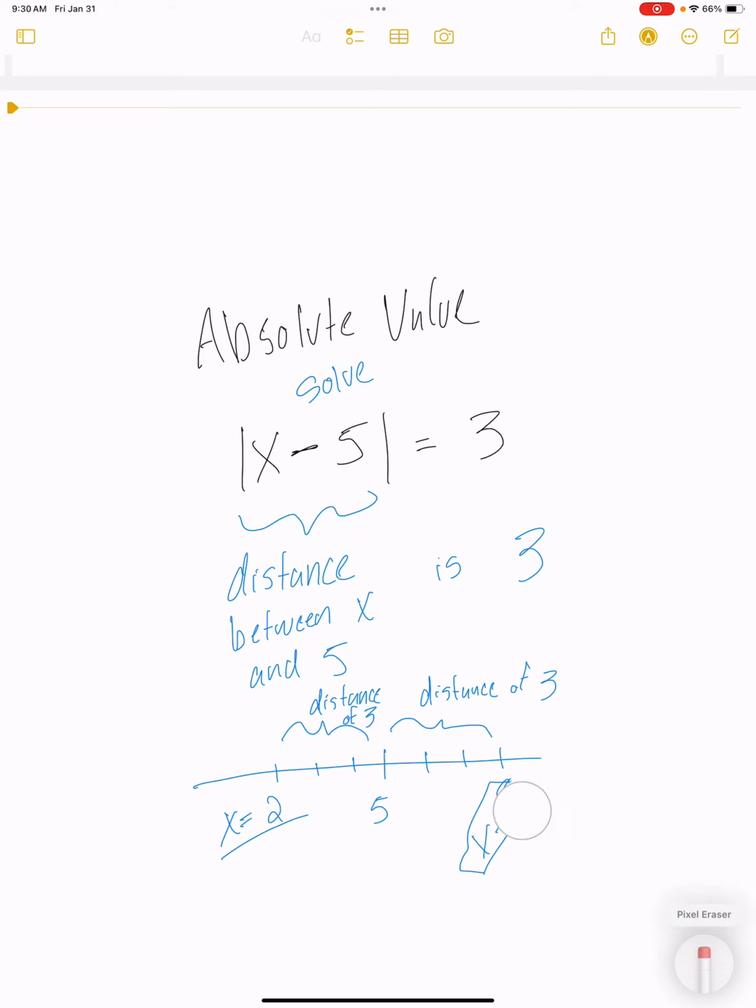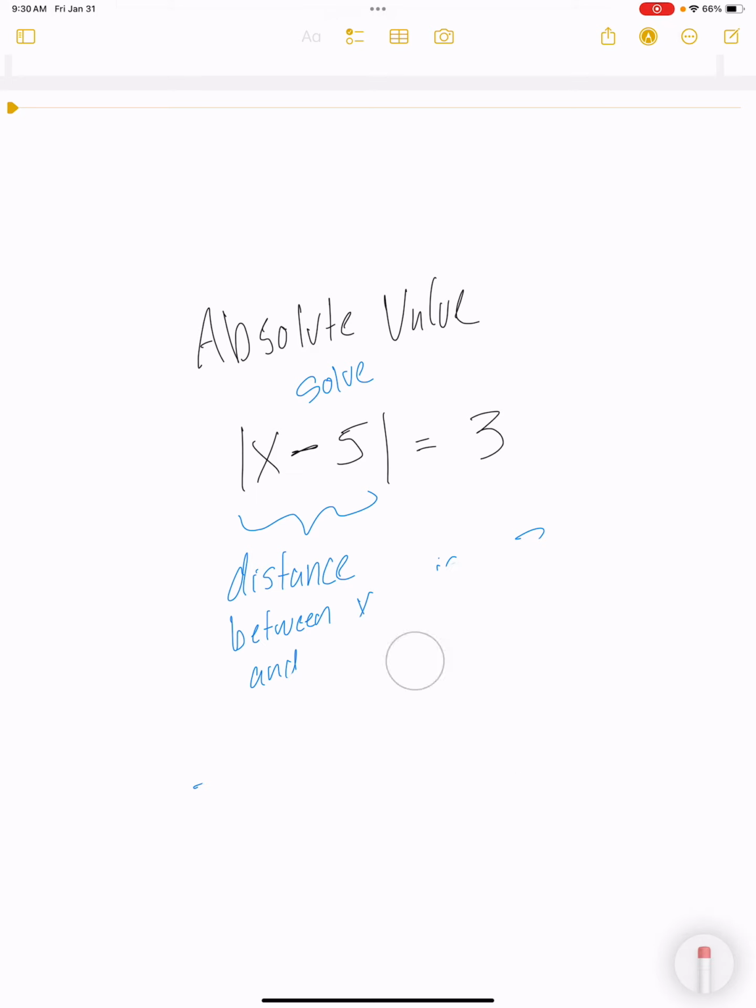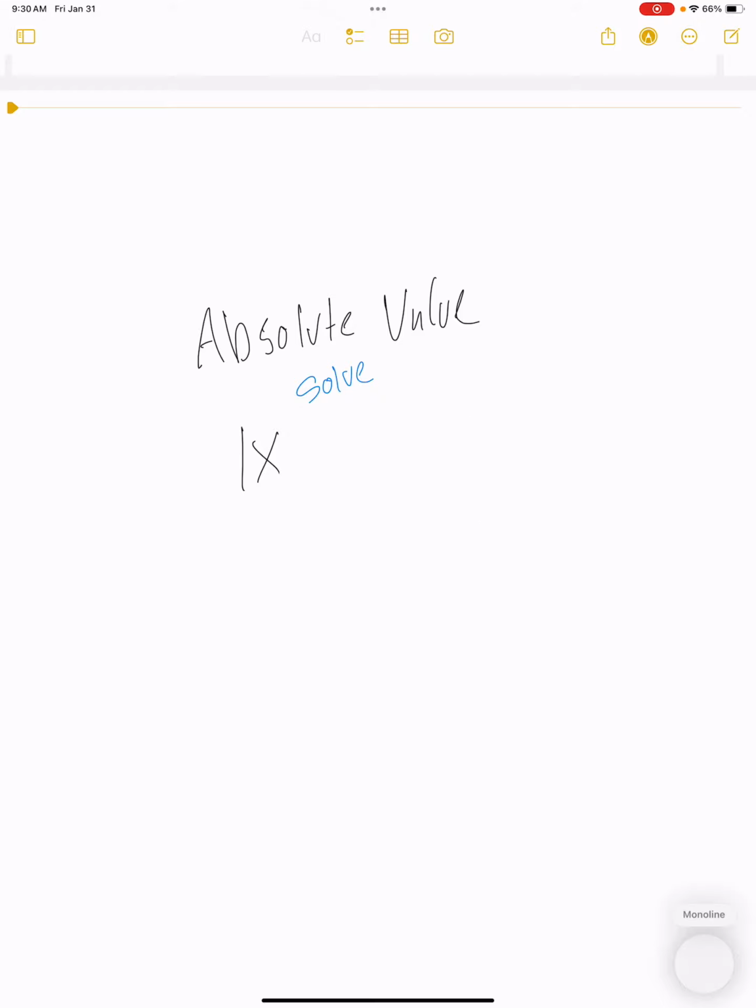So let's talk about when we get into an equation or an inequality. What if I had, I'll change it up a little so it's not exactly the same. Let me say the absolute value of 2 plus x is, no, inequality.